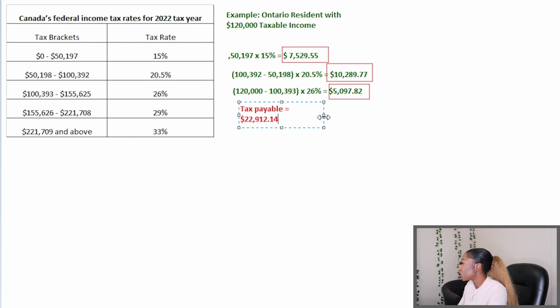Okay, this is the accurate and correct way to calculate this, unlike what most people think this calculation is.